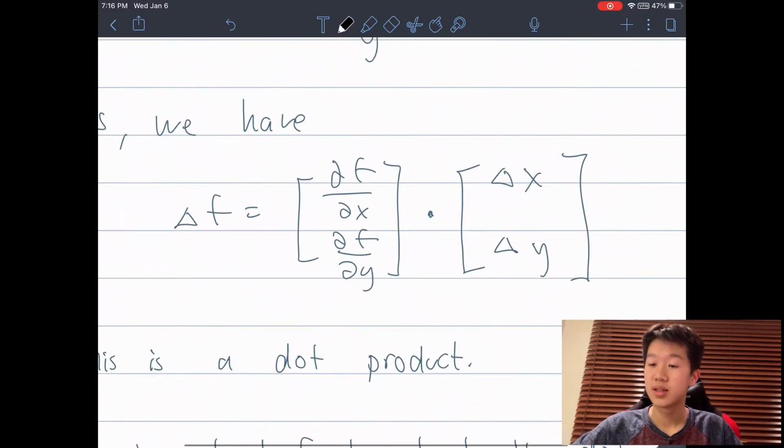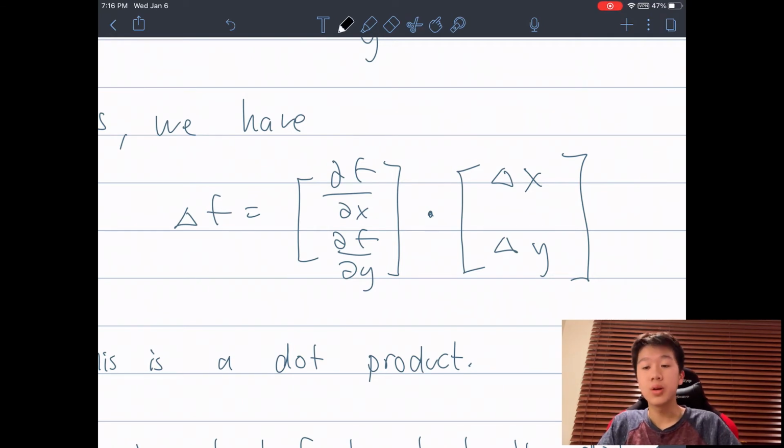So we have that the change in f is equal to a vector that strangely contains all the partial derivatives of each variable, dotted with a vector that contains the change in x and the change in y.